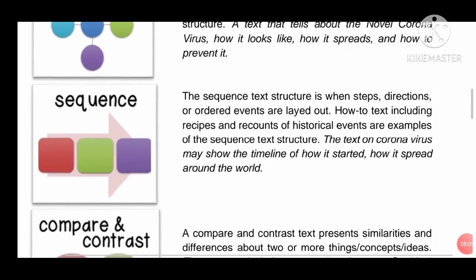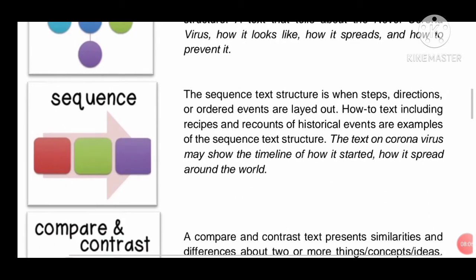Okay, next, the sequence. The sequence text structure is when steps, direction, or ordered events are laid out. How-to texts including recipes and recounts of historical events are examples of the sequence text structure. Meaning to say, in Tagalog, may pagkakasunod-sunod. Sequence, no?